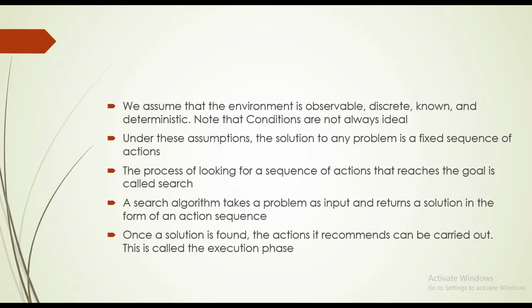A search algorithm takes a problem as input and returns a solution in the form of an action sequence. Once the solution is found, the actions it recommends can be carried out. This is called the execution phase. So for our agents, after describing such search criteria and goal formulation, you discover that basically the agent design follows: formulate, that is, formulate the goals, search, and execute.